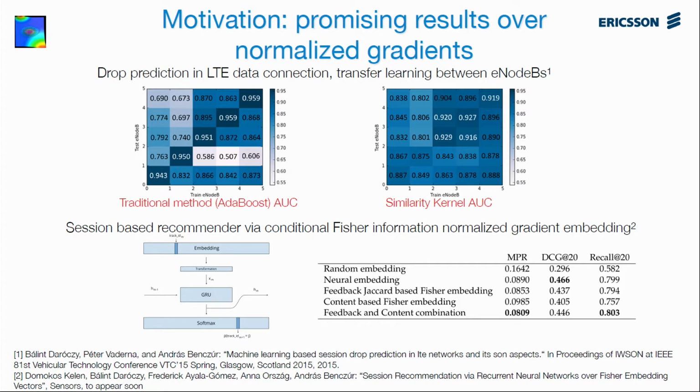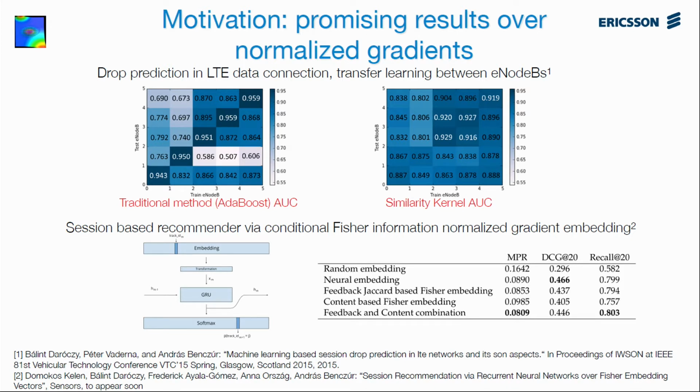And the third one is coming from a bit different field, but not different in a way because that's machine learning. We had two projects. The first one was with Ericsson. We tried to understand why the data connection is dropping between a cell tower and a mobile phone. And it turned out that all the models in the literature were just overfitting per tower. We gave a model which turned out to be more generalized, and it was based on Riemannian metrics over random fields.